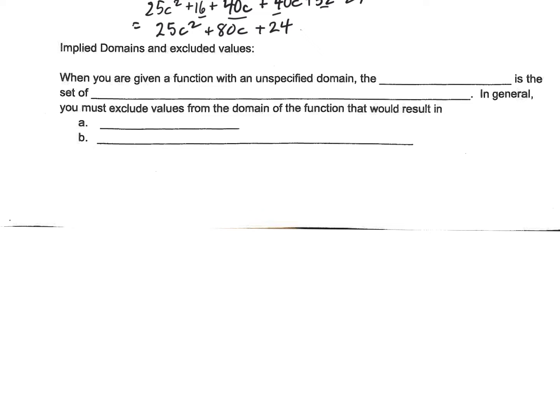So, when you're given a function with an unspecified domain, the implied domain is the set of all real numbers.